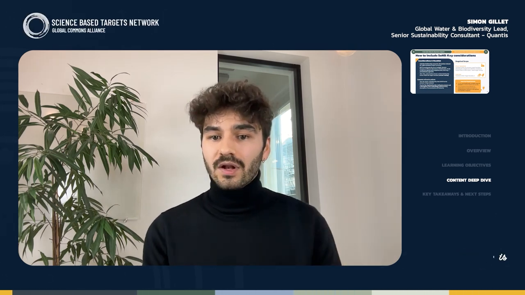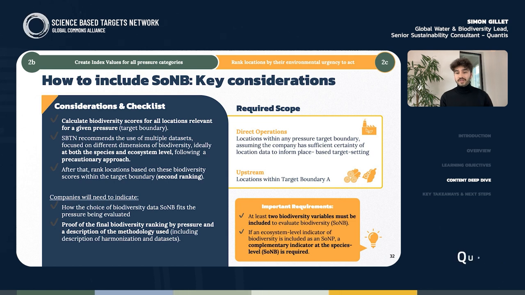The ecosystem level indicator can be covered by a pressure sensitive indicator for the state of nature, such as EII, the Ecosystem Integrity Index, for example, which would be a state of nature for pressure for land use and land use change. It can also be used as a state of nature for biodiversity indicator for ecosystems.